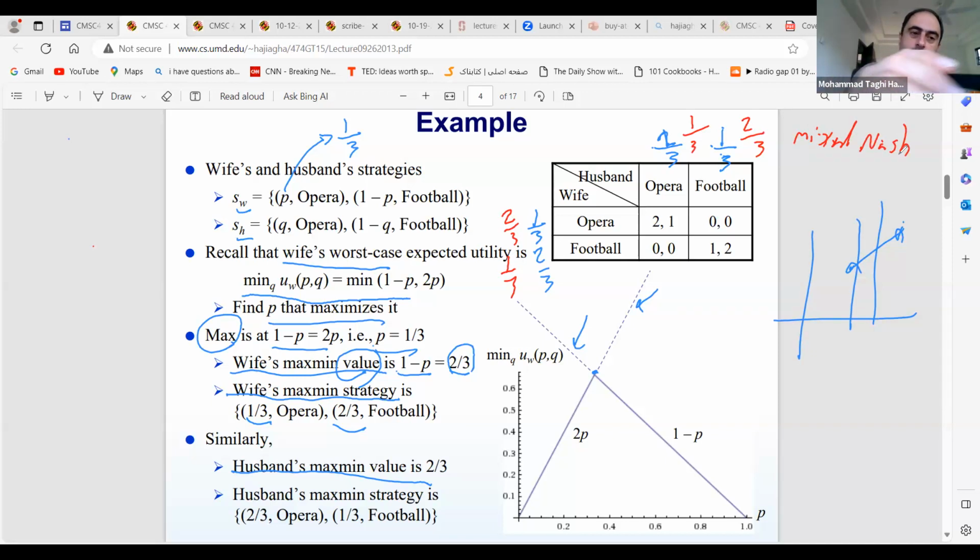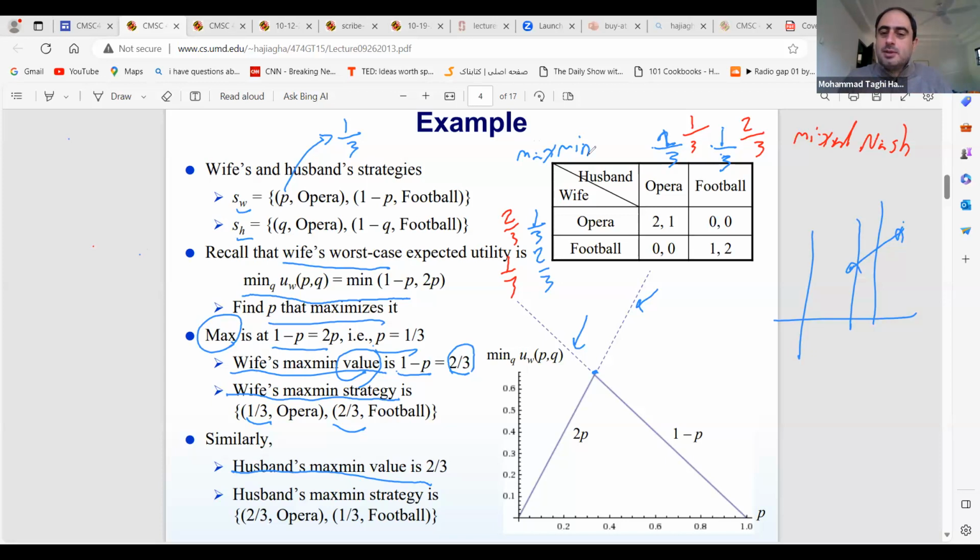Versus here, essentially, in the Maximin, the strategies that they are computing would be somehow the reverse of Nash equilibrium. The value is still the same, interestingly or surprisingly, but the strategies are different.